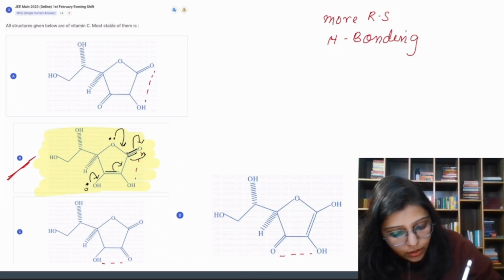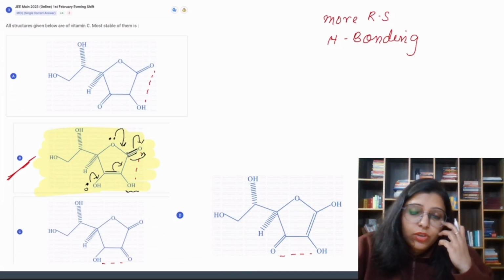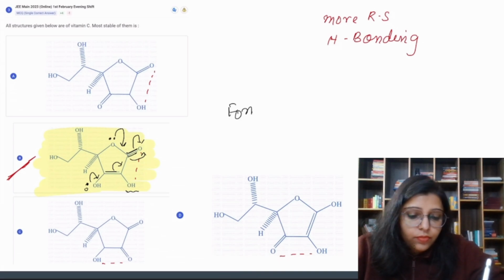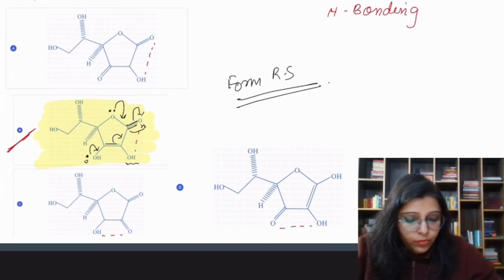Clear? Then again we can form resonance from this oxygen, right? So just try to form the resonating structures and find out the correct answer. Okay, beta, that's it.